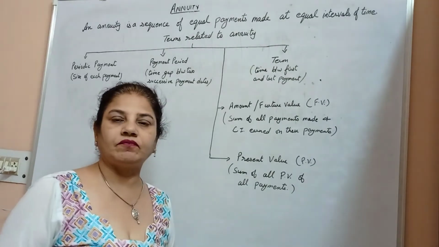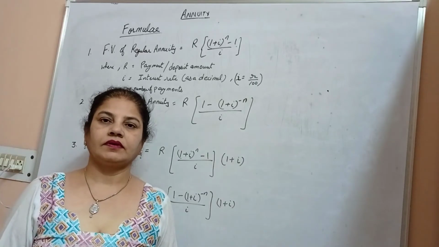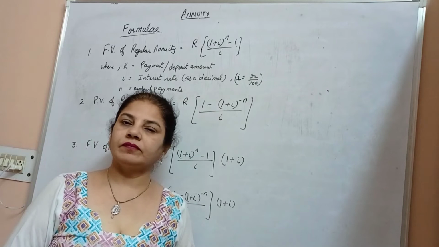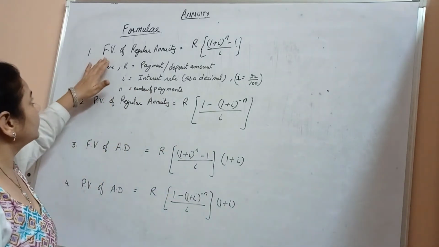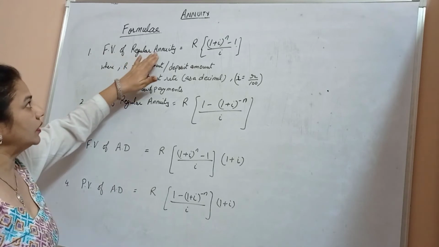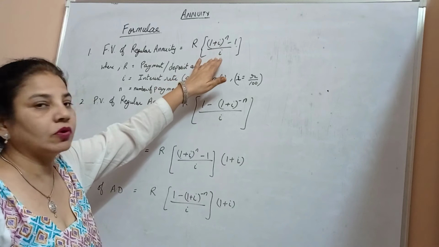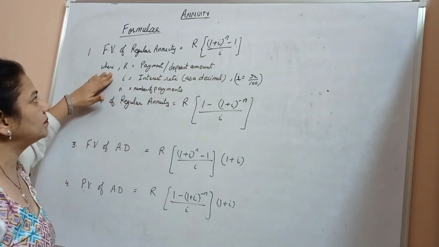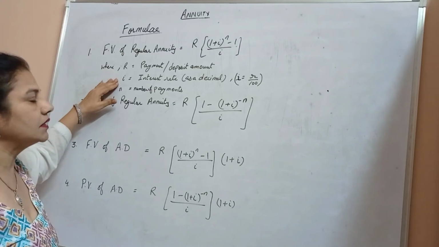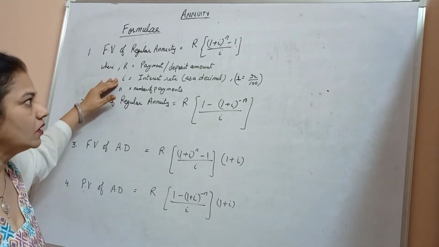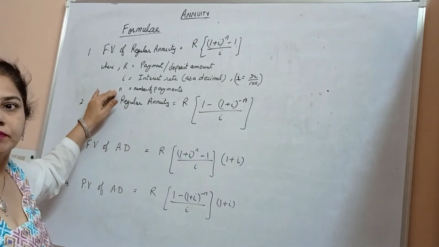Let us study the formulas for the future value and present value. Formula to calculate the future value of a regular annuity: FV is given as R times (1 plus i) to the power n minus 1, upon i, where R is the payment or deposit amount, i is the interest rate in decimal, or i is given as r upon 100, and n is the number of payments.